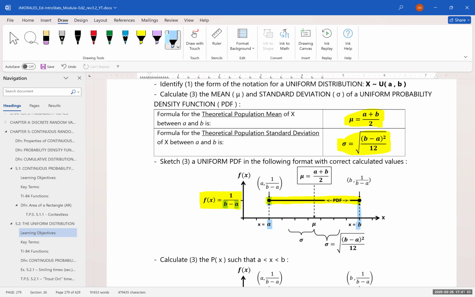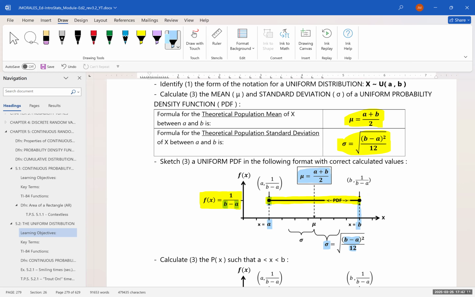Now the mean of this function is equal to the minimum plus the maximum divided by 2. And the standard deviation is equal to the square root of the maximum minus the minimum squared divided by 12. Okay, and it's the square root of all of that.